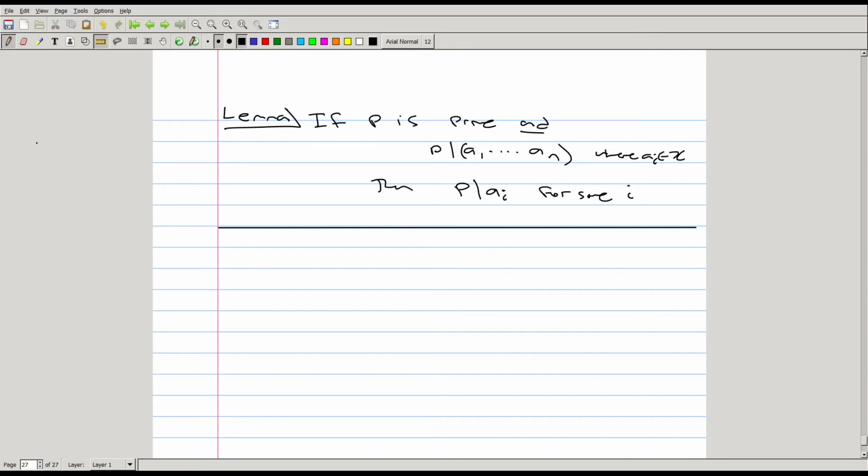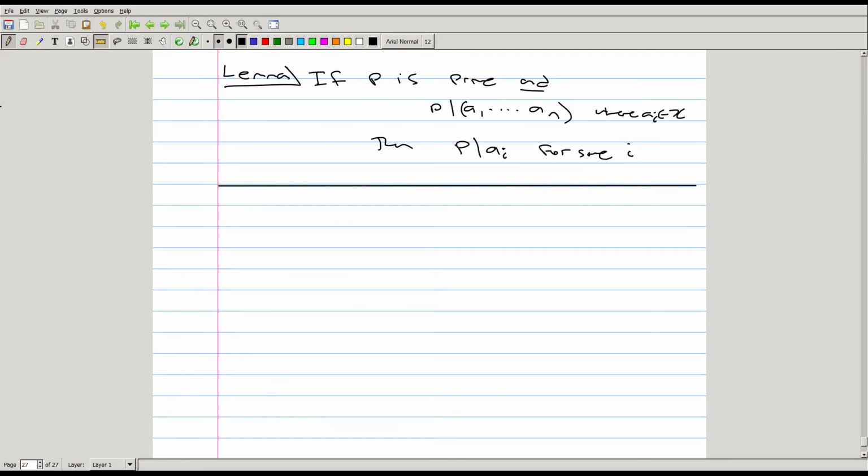And the proof here is relatively straightforward. It just kind of uses the idea that p is prime, and we assume that p divides the product a1 times a2, all the way up to an.